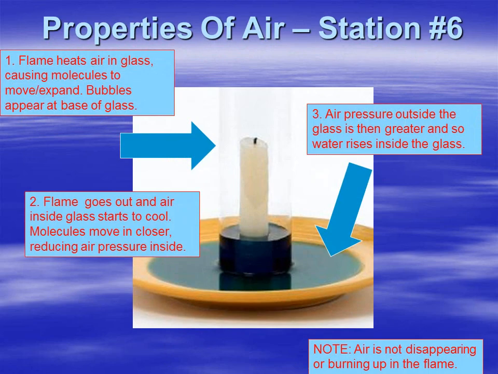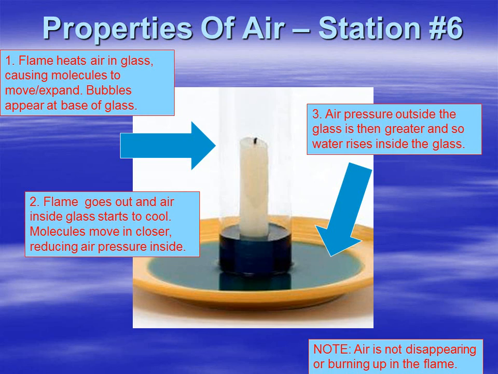At station number 6, the candle went out, and the water inside the glass started to rise. This happened because the air in the glass warmed up when the candle was lit. The air expanded, took up more room, and created more air pressure on the glass and the water.